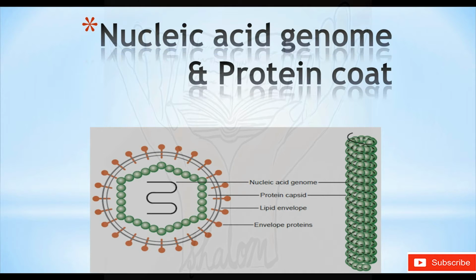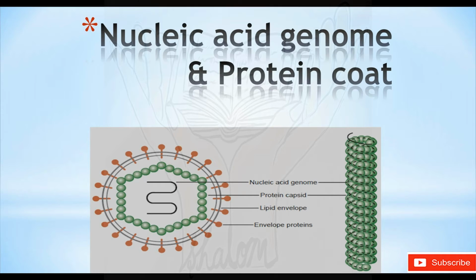As you can see in this pictorial presentation, a virus consists of a set of nucleic acid genes that are enclosed within a protein coat called capsid. As you can see these green spheres on the left side of the picture as well as on the right side, on the left side there is a spherical shell shaped virus, and on the right side is a tubular rod shaped virus, and in both of these the nucleic acid genome is present within the protein capsid.